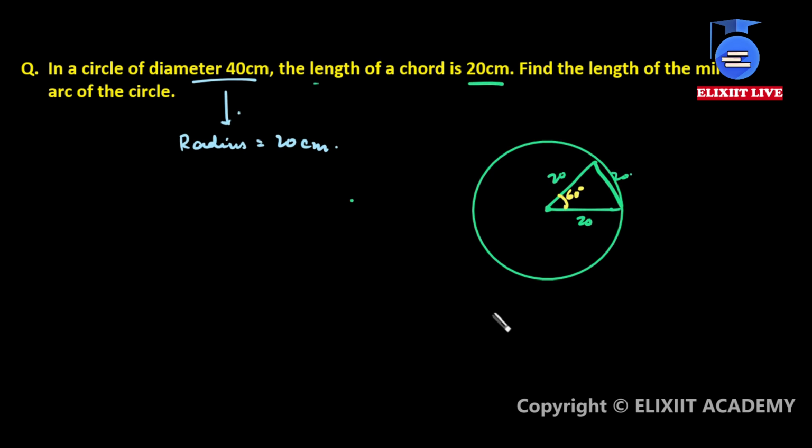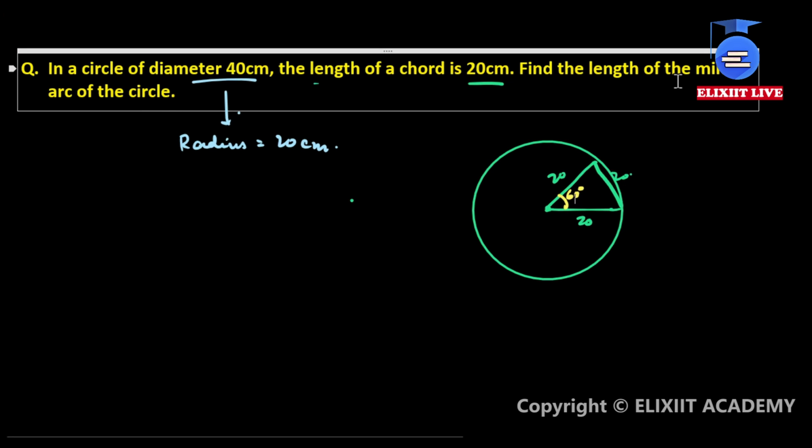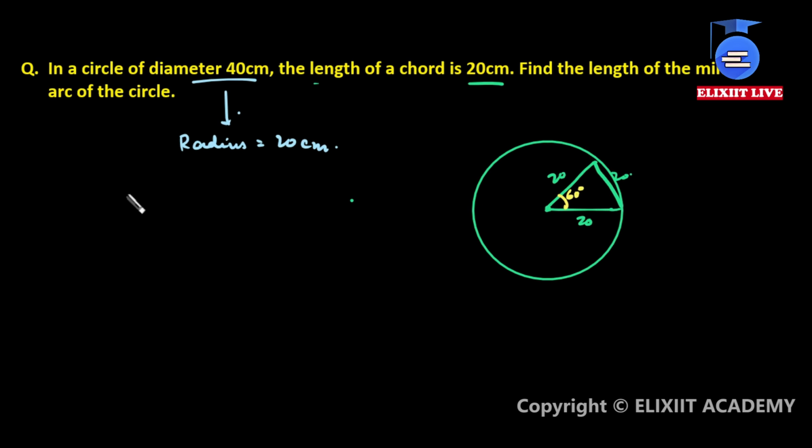Next, you need to convert this in terms of radians. How will you convert into radians? Simple logic. 60 degrees is given, so to convert this into radians, I will multiply by pi by 180. Basically, theta is 60 degrees. Suppose this is the center O, this is A and this is B. Chord AB is given.